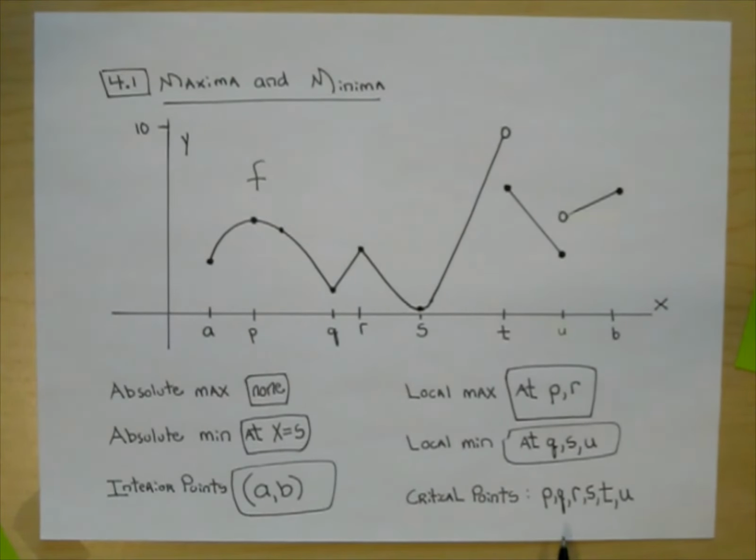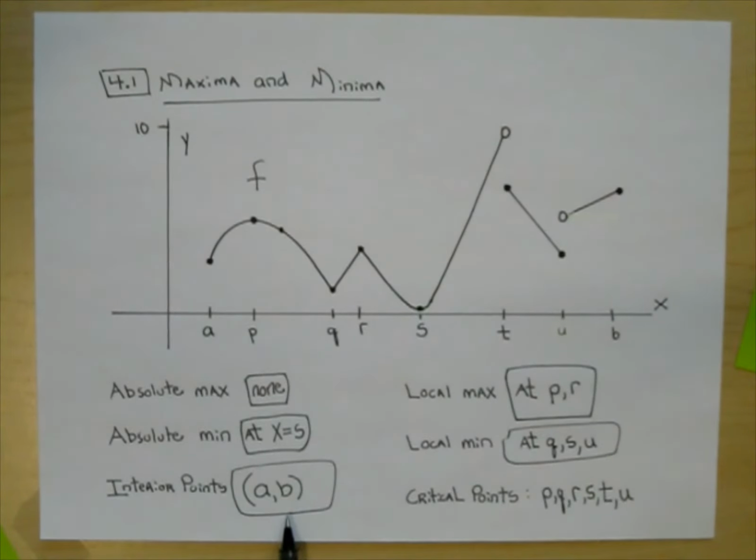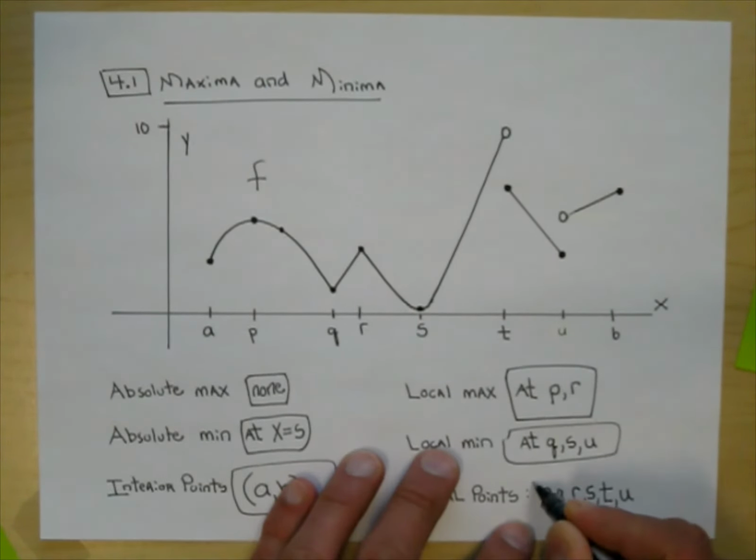So here are our critical points: P, Q, R, S, T, U. Pretty much all of those are critical points. Now the critical points, because they are interior points, cannot be the endpoints A and B. They have to come from this interval.